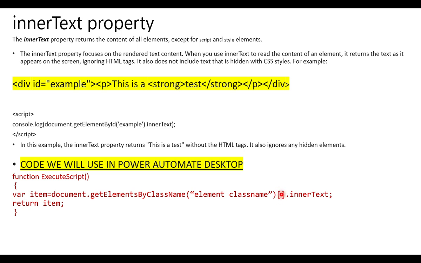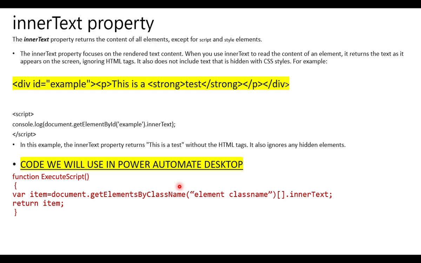If the element's index is 0, we pass 0, because the same class name may or may not be repeated in a web page, depending on how it is designed and coded. Then we use dot innerText, which returns the inner text of that element.